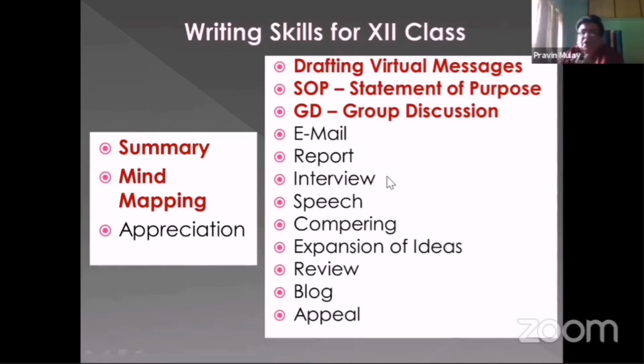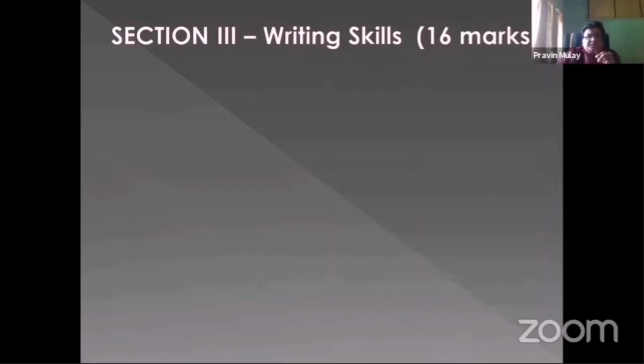Some skills are not included for 12th standard evaluation, and considering the importance for the future of the students in senior colleges and after their education, we have come to the conclusion that some skills are very important. Thanks to the introducers of SOP. SOP has proved very important to the students because many of them wish to pursue their education abroad, and so this is important.